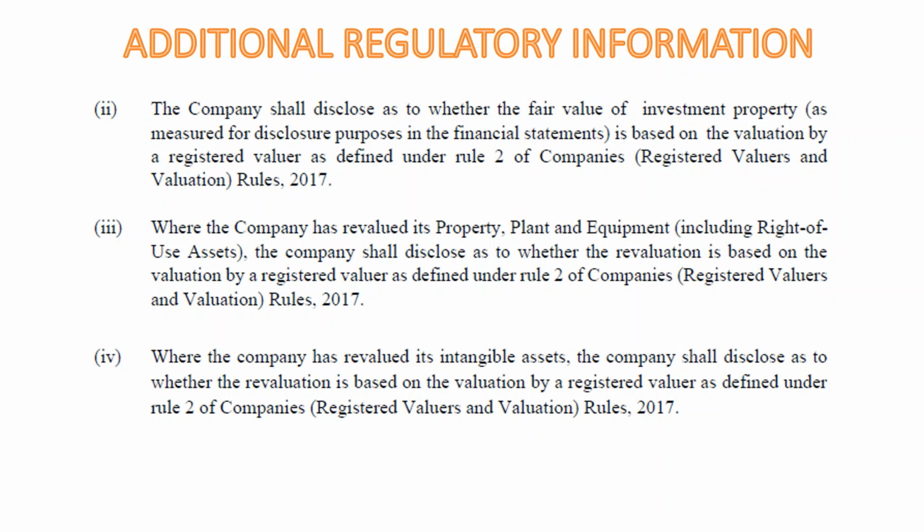Second disclosure is regarding whether fair valuation of investment property has been done by a registered valuer. Third and fourth points are disclosures regarding whether PPE or intangible assets have been revalued and whether they have been revalued by a registered valuer or not.